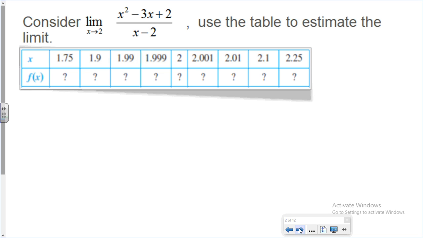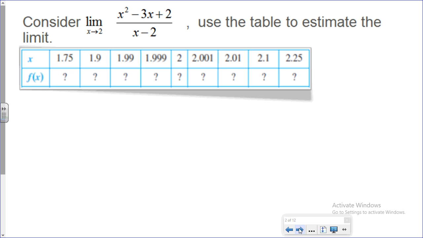Okay, so we're going to look at this table of numbers just to get an idea of what is happening. So we're going to share the workload. Pod 1, I want you to plug in 1.75 to that equation. Pod 2, plug in 1.9.